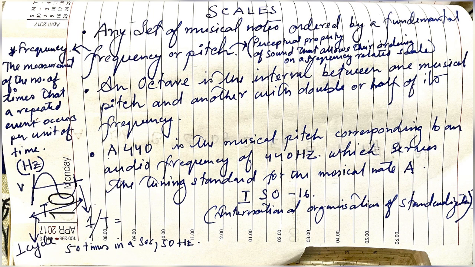If you play that A note, that sound has a frequency of 440 hertz. That means the sound wave cycle is repeated 440 times in 1 second. So this is a frequency.